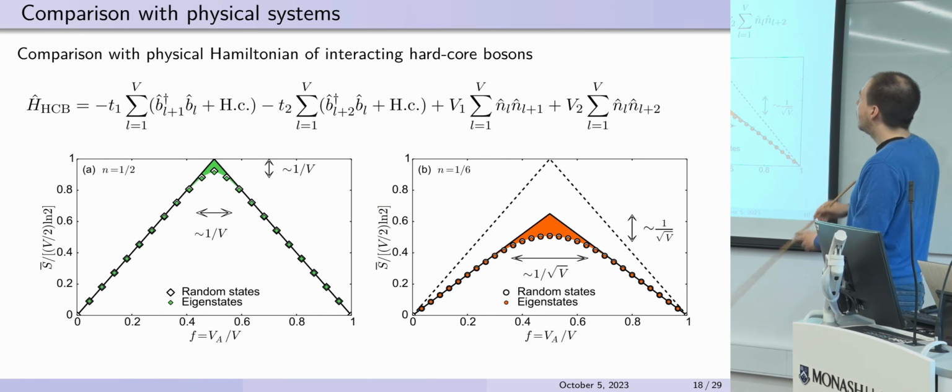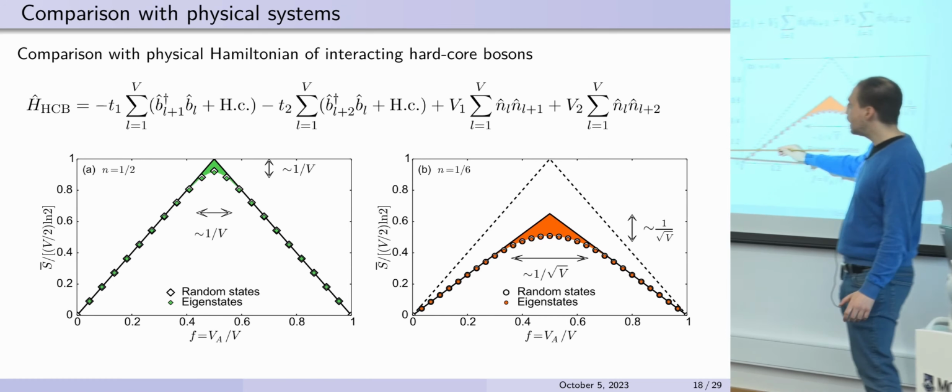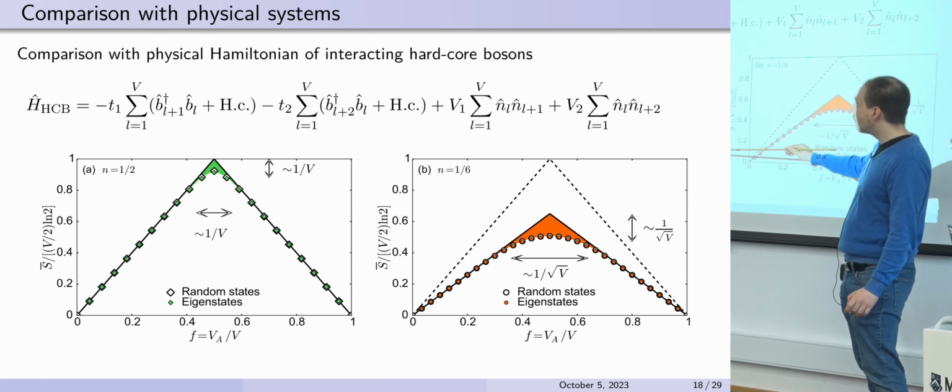So from the calculation of entanglement entropy, they're equivalent for these state classes. And you can now compute eigenstates of this Hamiltonian analytically and then evaluate the entanglement entropy. And that's what was done here for eigenstates in green, for eigenstates with half filling, but also for filling at 1/6.